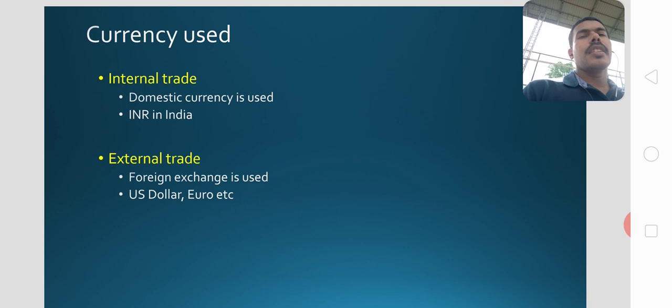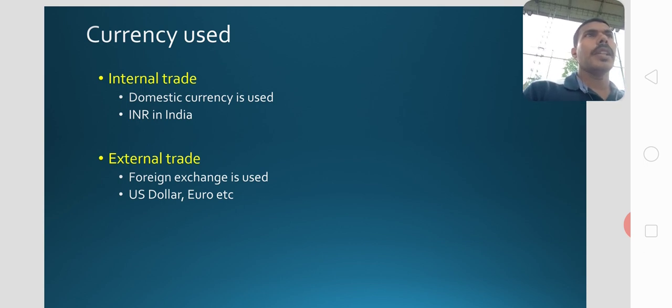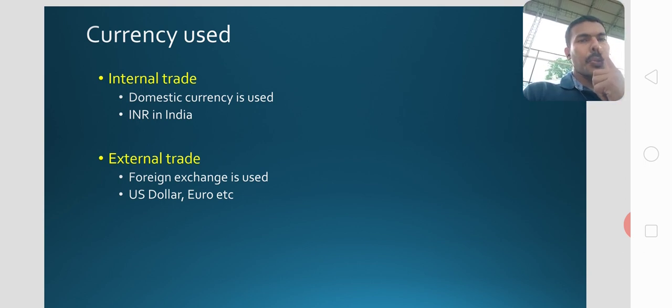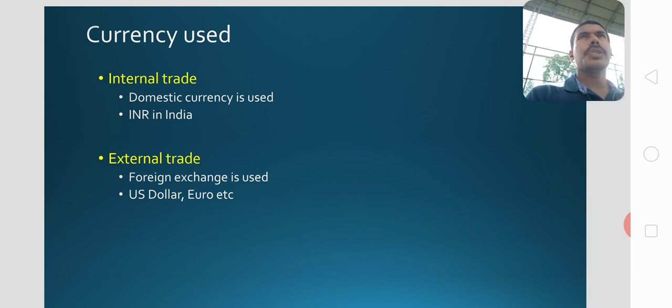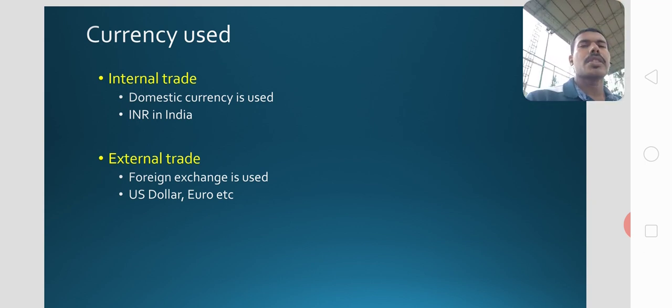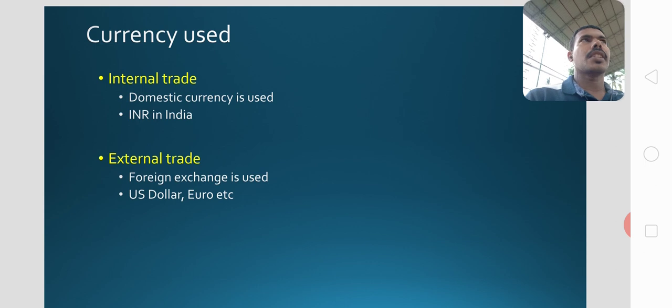And for external purchase, foreign currency or international currency is valuable. For external trade, foreign exchange is used. Domestic currency cannot be used in most cases. For example, for purchasing crude oil, we need to pay the import bill in United States dollars, euros, etc. Why do we use United States dollars and euros? Because these currencies are international currencies.